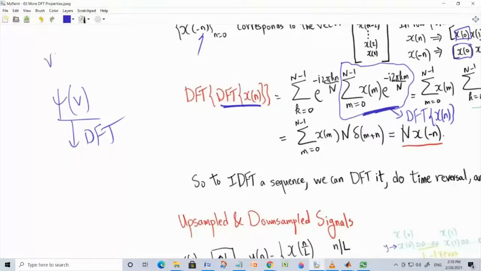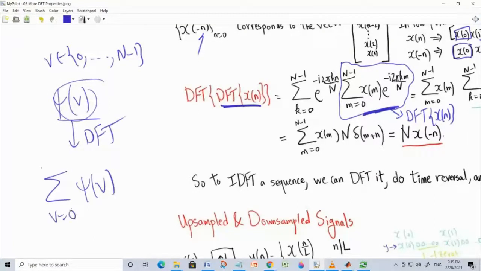If you have a sequence like this, its DFT means you sum those samples after multiplying them by e to the minus I 2 pi, the same index v, over the number of terms in the sum, big N. This is the definition of DFT in signal processing.